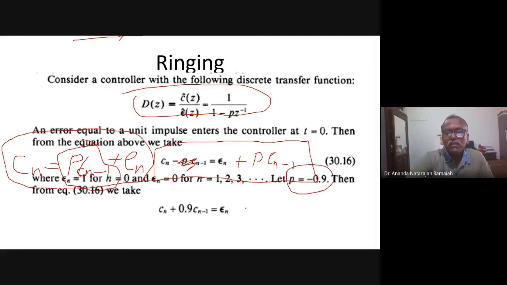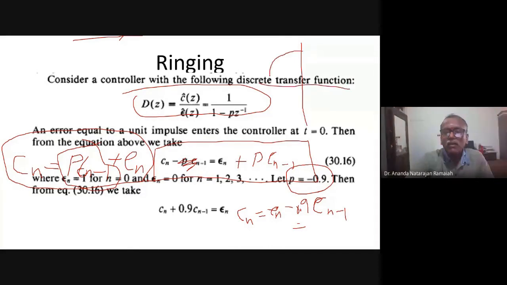Then what you will get? C of n equal to E of n minus 0.9 C of n minus 1. So minus sign here is there, or you can put P equal to plus 0.9 also. It depends upon the location of pole.